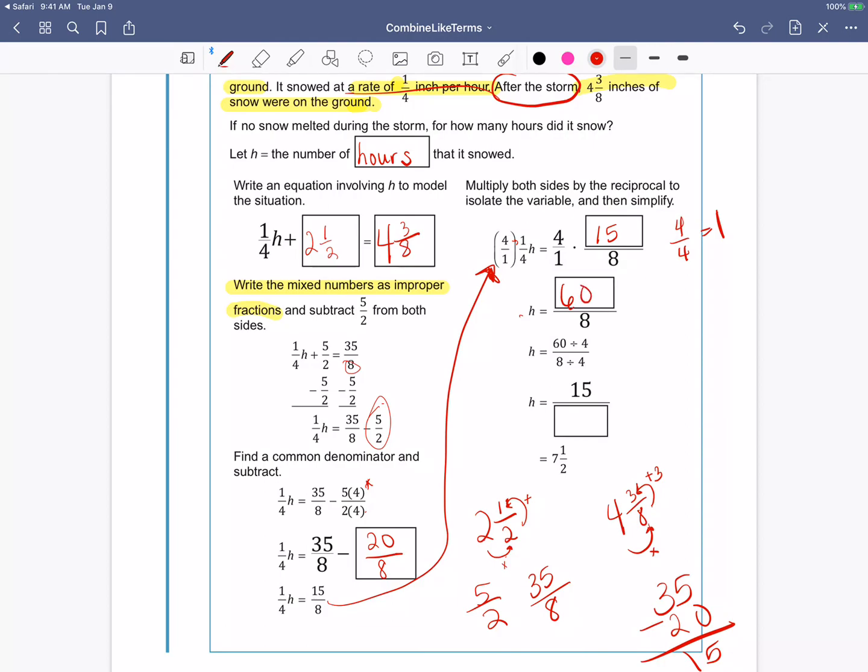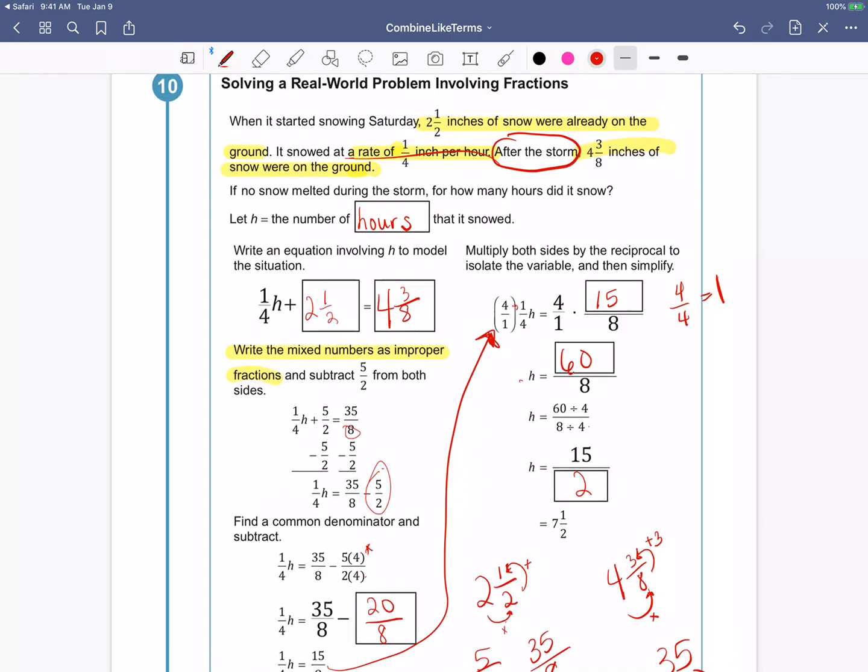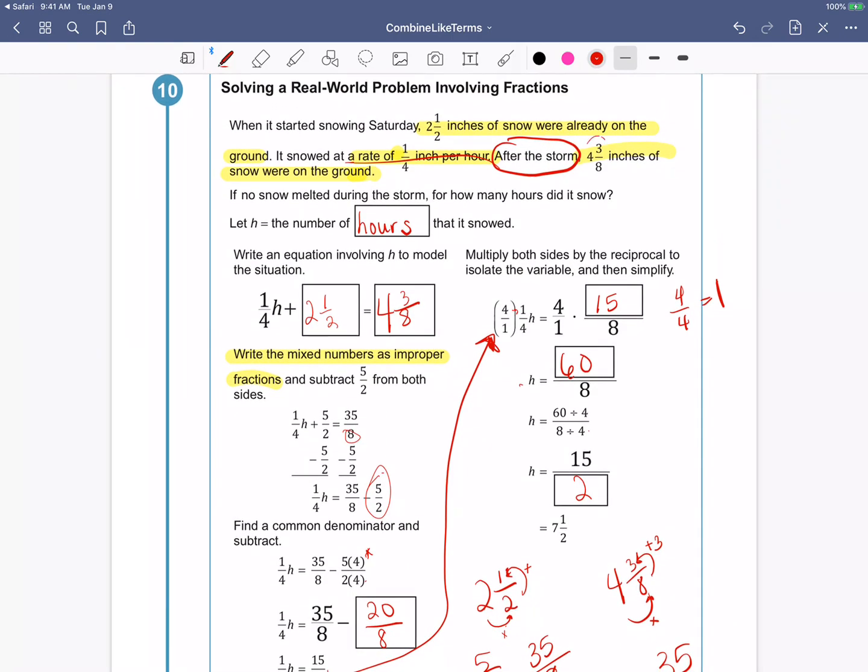Now I can simplify, right? So the greatest common factor that I'm going to use is 4. So I'm going to divide both by 4. That's going to give me 15 halves, okay? Then they change it into the mixed number. A good indicator is if they give you a mixed number in the question, most likely they're going to ask for a mixed number at the end.